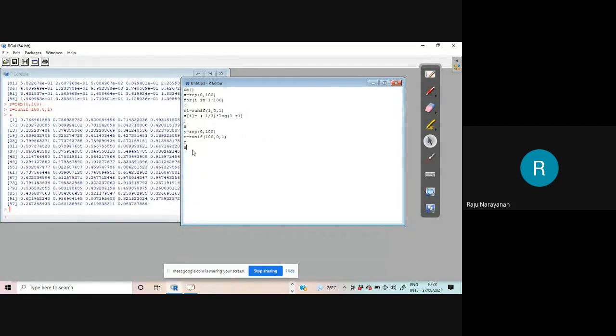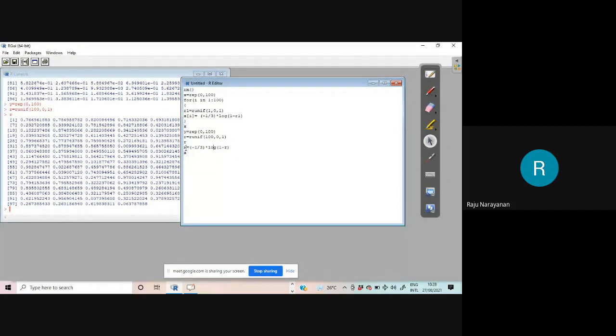Now, x is equal to minus 1 by 3 times the logarithm of 1 minus r. This will work.